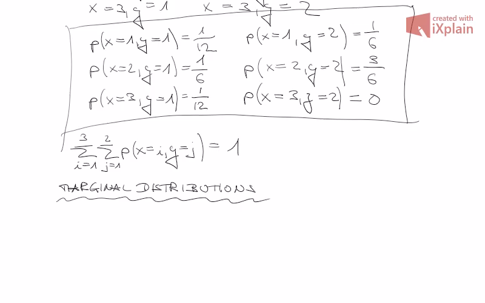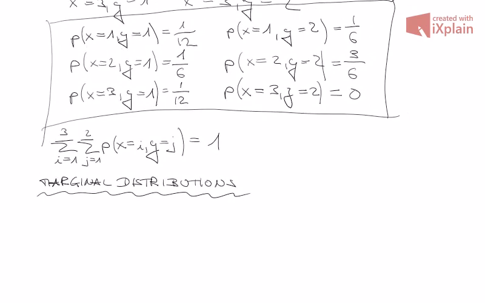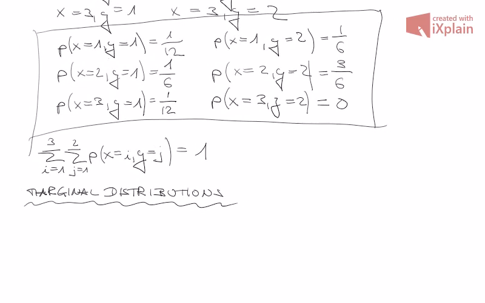To obtain this probability, we can simply add the probabilities that happen when x is 1 and y takes on one of its values. We call that marginal because we can put it here at the margin.